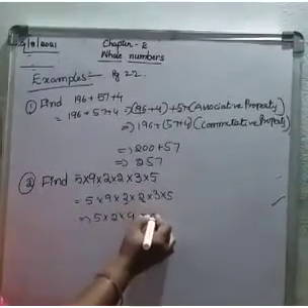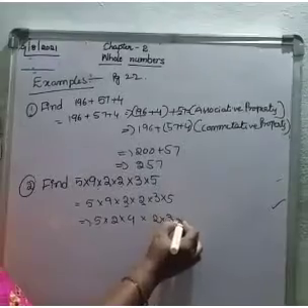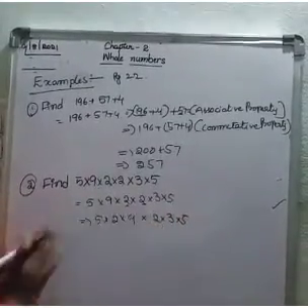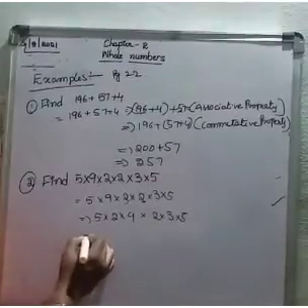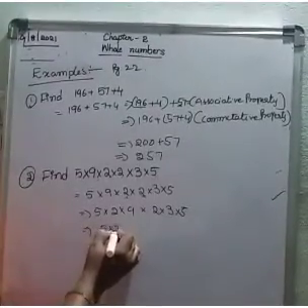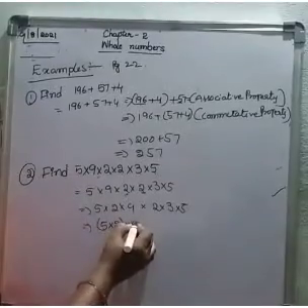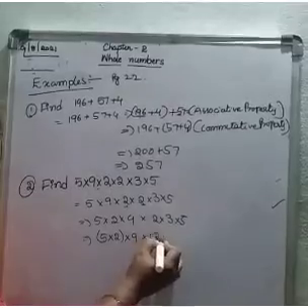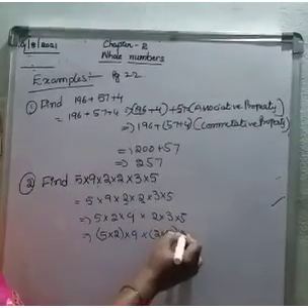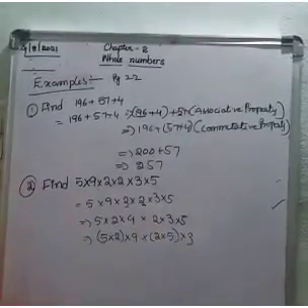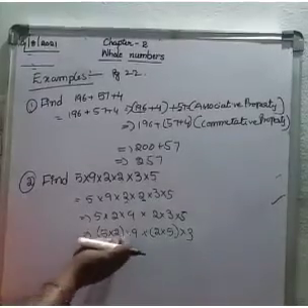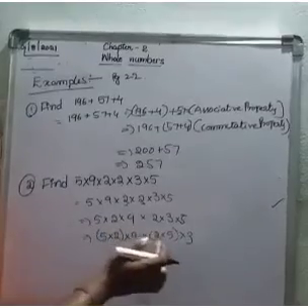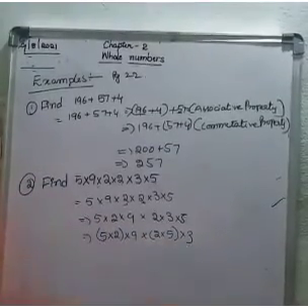Next 2 into 3 into 5. One 2 this side, one 2 this side. 5 into 2 is there in one bracket, remaining 9. Here also 2 into 5 is there, into 3. 2 into 5 or 5 into 2, both are equal. 5 into 2 into 9 into 2 into 5 into 3.